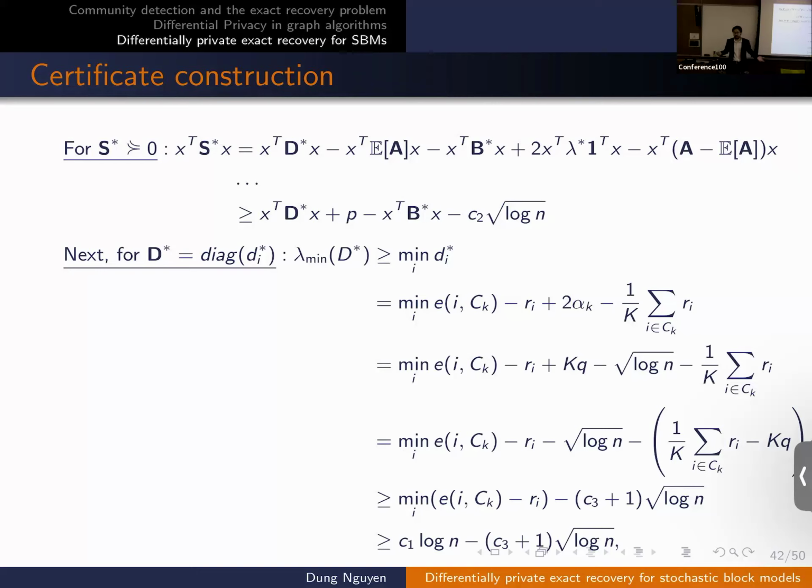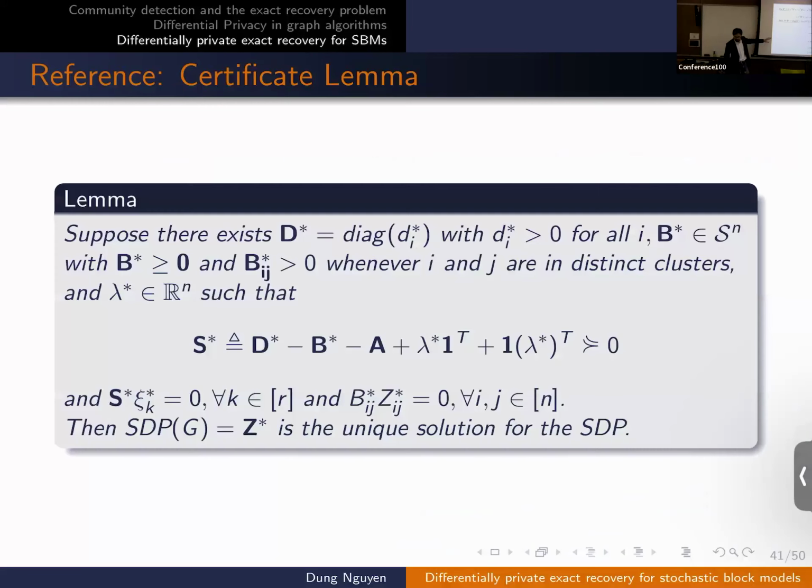So when n is large enough, this quadratic form of S star is guaranteed to be larger than or equal to 0. So this is the part where we prove that S star is positive semi-definite. There are many small details in proving the certificate, but this is the main part. And coming back to the certificate, we guarantee the most important criterion when we prove S star is positive semi-definite.